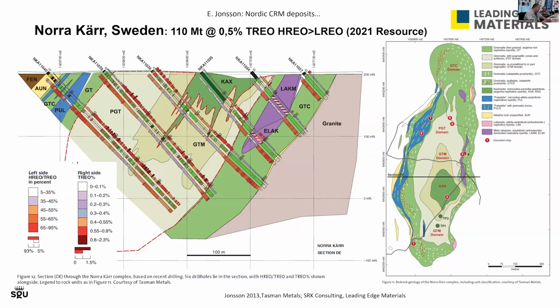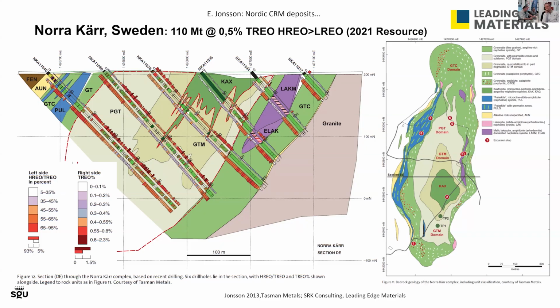And it has been drilled. The present known published resource from 2021 is at 110 million tons at about half of 8% total rare earth oxides, where heavy rare earth oxides is equal to or higher than the contents of LREO, that is, light rare earth oxides.